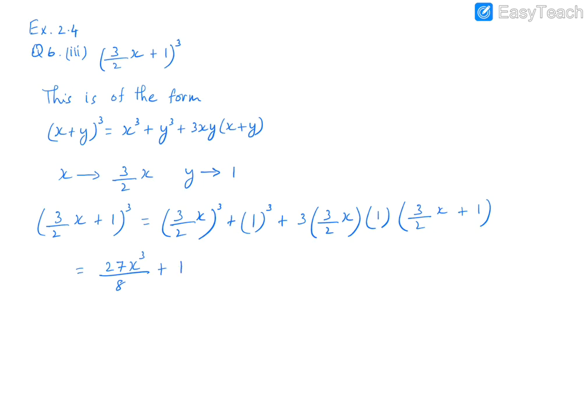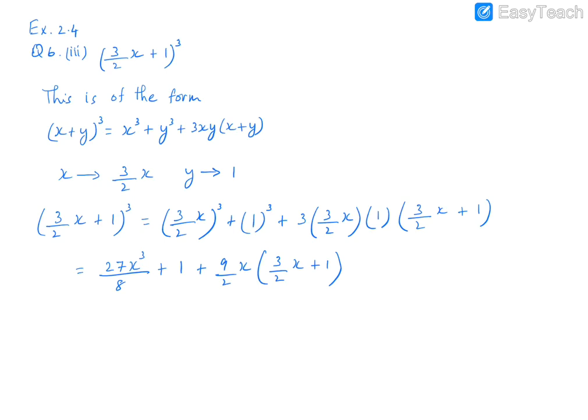And then the next term we have 3 into 3 by 2. So 3 into 3 is 9, 9 by 2x into 1. So that will be plus 9 by 2x into 1, which is 9 by 2x. And we have in the bracket 3 by 2x plus 1. So we'll keep it as it is, 3 by 2x plus 1.